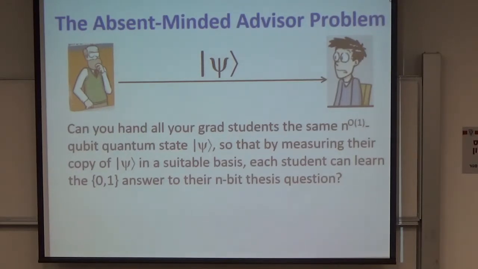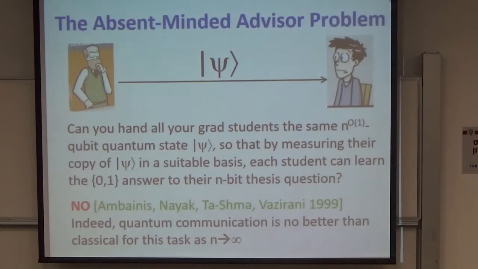Okay, so it was a non-trivial result in 1999 by Ambainis, Nayak, Ta-Shma, and Vazirani to say the answer is no. Even for this more relaxed task, in fact, quantum encodings give you no real advantage at all over classical encodings, or at best a constant factor advantage.